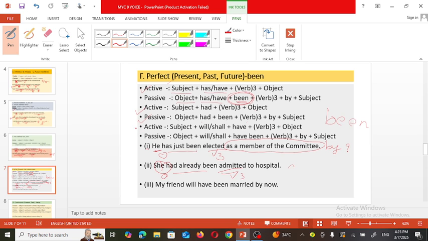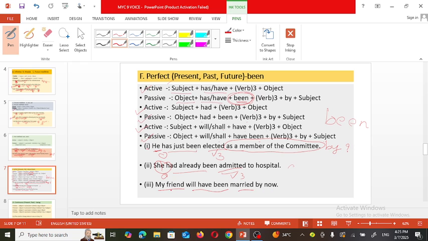Now see the future perfect tense. Subject, will or shall, have, V3 form and object. When it is in passive voice, in the same way: object, will or shall, have been, third form of the verb, by and then subject. For example, my friends will have been married by now, by someone.